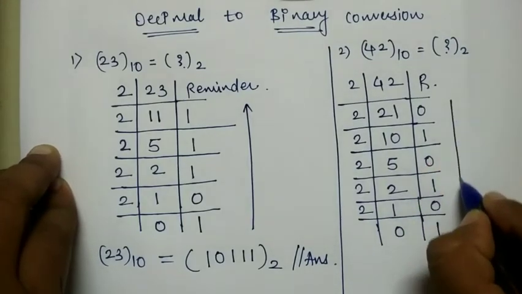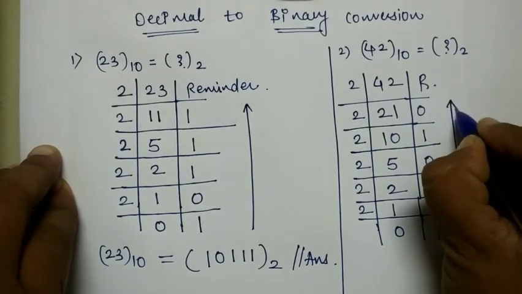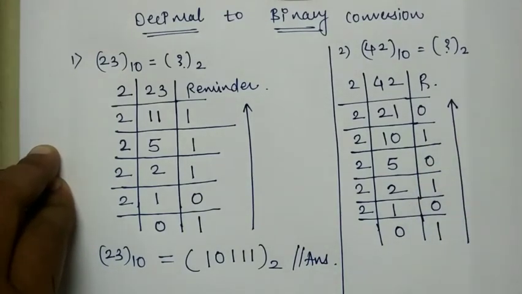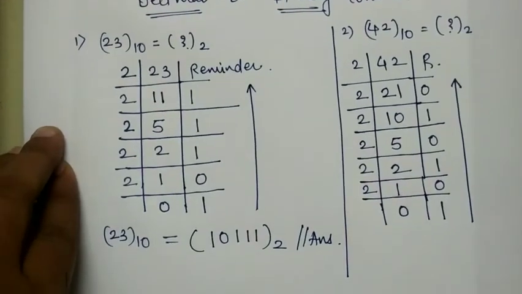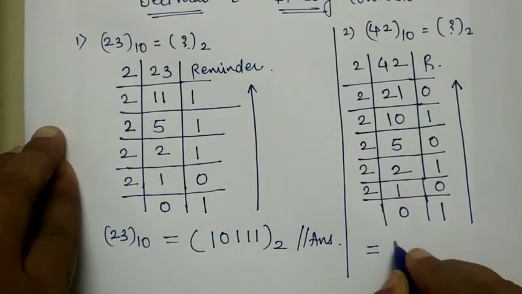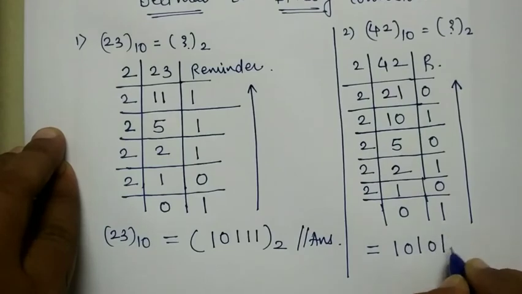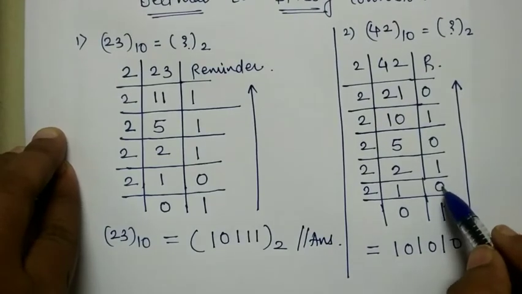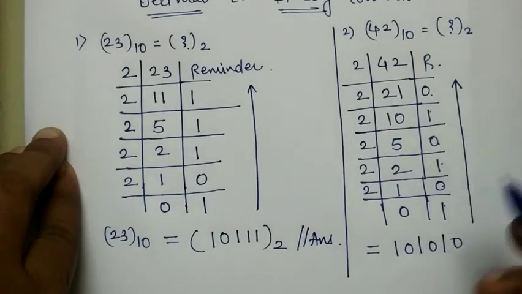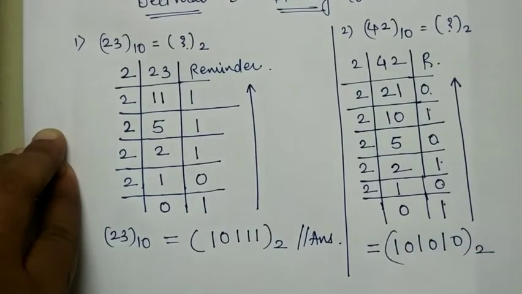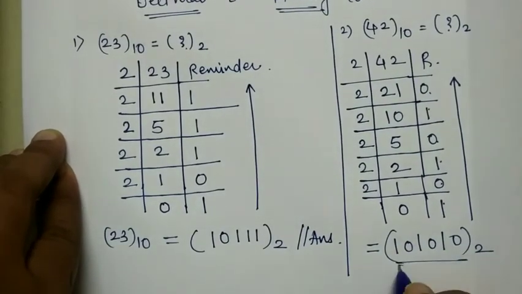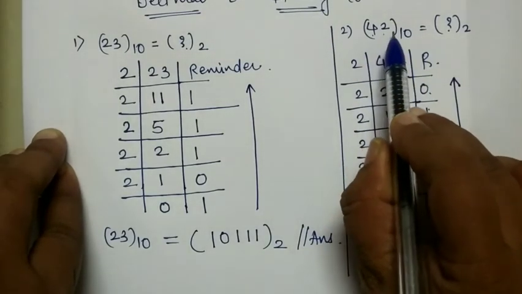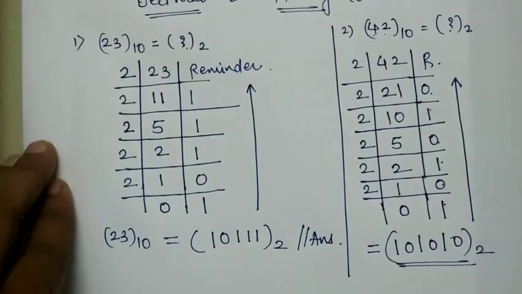Now consider the remainders in reverse direction. So our equivalent answer is 101010 to the base 2. Okay, this is the equivalent binary number of the given number 42 to the base 10.